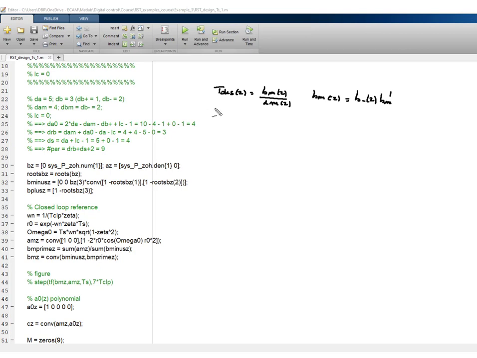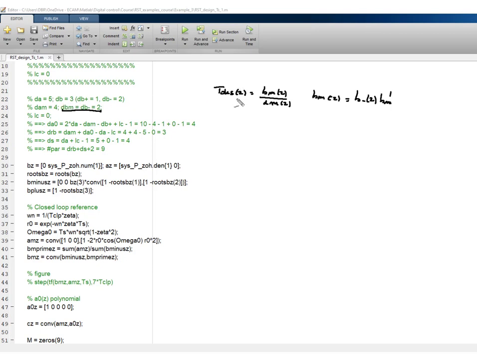So the degree of Bm is the degree of B minus, it's 2, right? Here the delay in the process is 2, it's 5 minus 3, right?